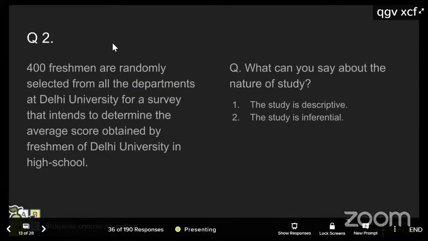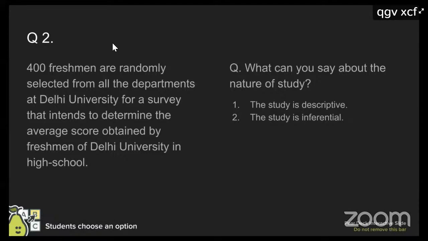Excuse me, sir. Yeah, please go ahead. Sir, if the sample is not a good representation of the population, will it still be inferential? See, inferential is another thing. Being a good representative or not a good representative is another thing. Suppose you did the sampling of 400 freshmen only from the mathematics department, and after that you are making a conclusion for all the departments.